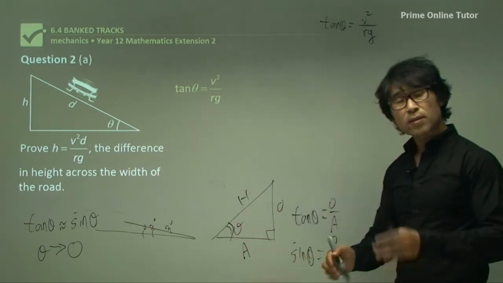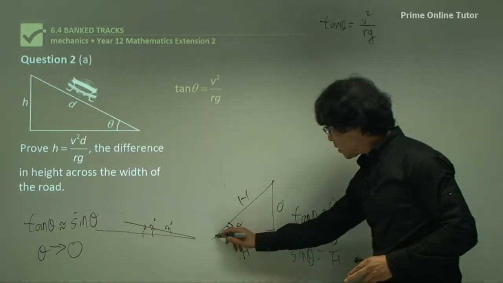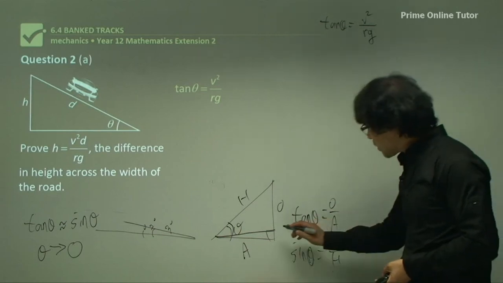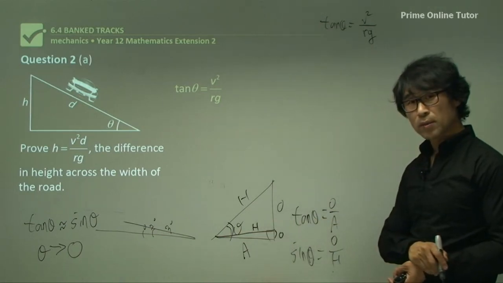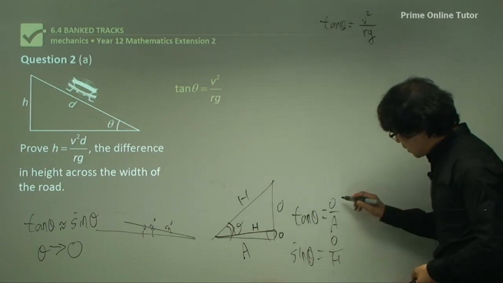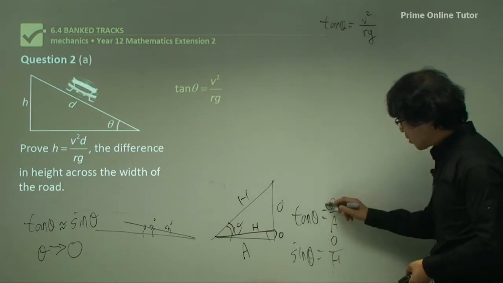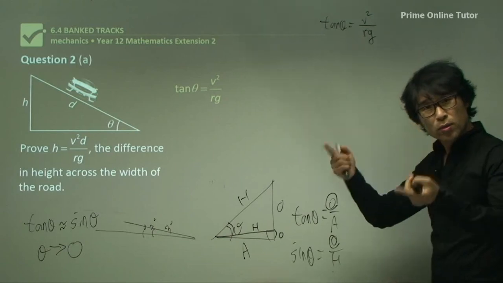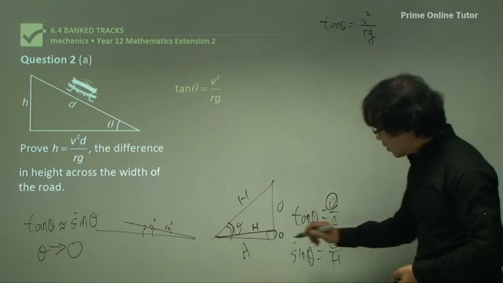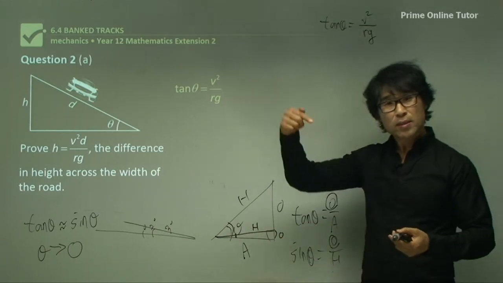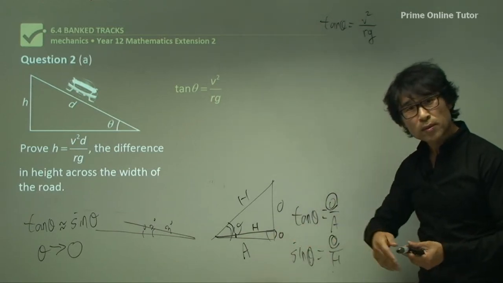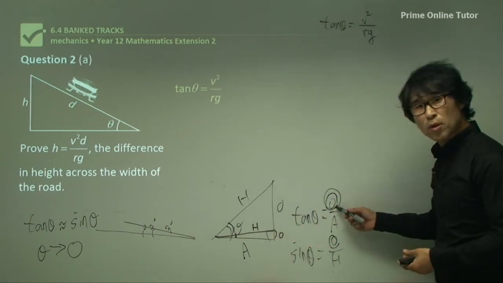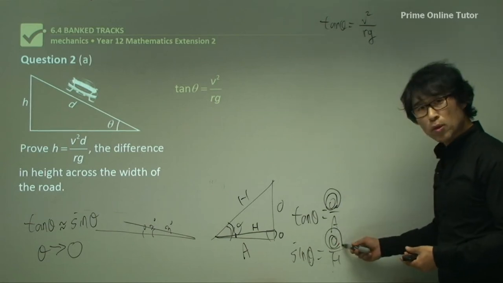If this angle is getting smaller, smaller, smaller, say like this small, then that becomes the opposite. This becomes the hypotenuse. Can you see that? Both are having opposite on the top of the fraction. So as angle theta gets smaller, this opposite gets smaller as well, so this gets smaller and this also gets smaller.